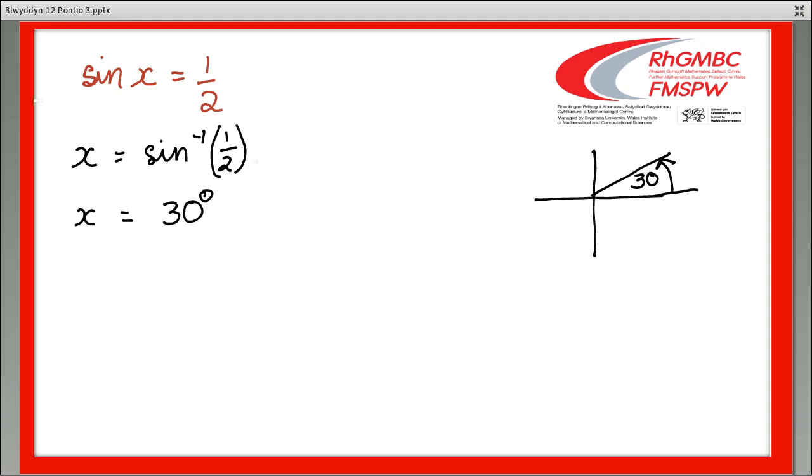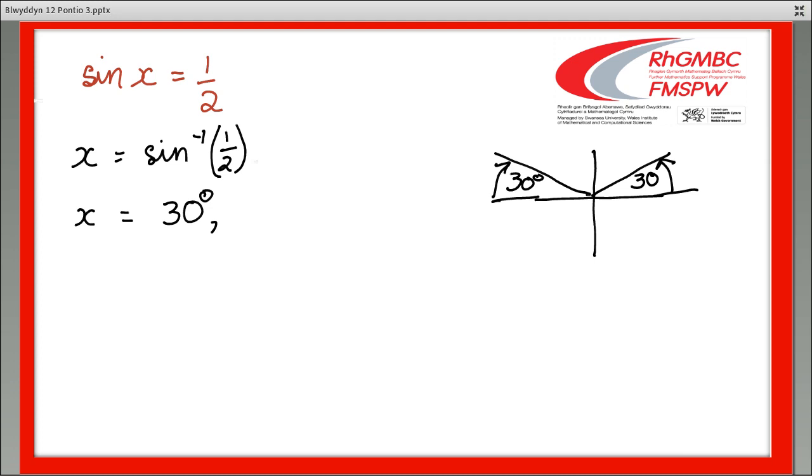Now I've said everything hinges on where you are in relation to the horizontal. All angles are positive in quadrant 1, top right. Sine is positive in quadrant 2, top left. So I need to put my angle back in here. So I need to go back in there 30 degrees.